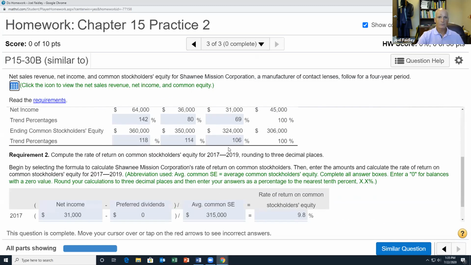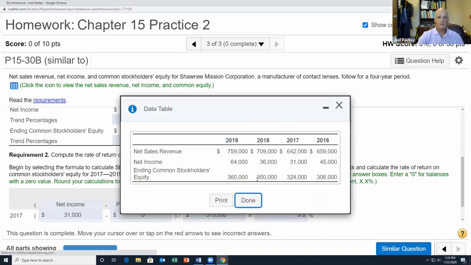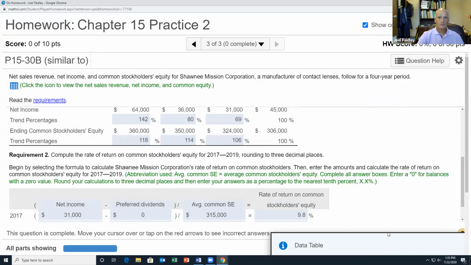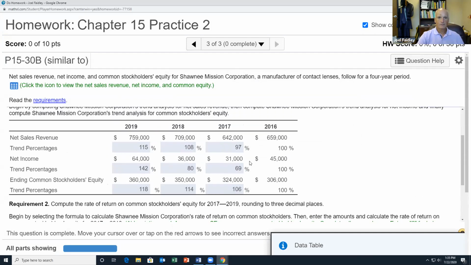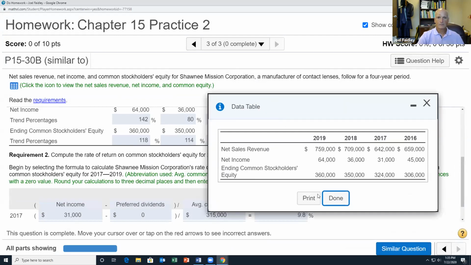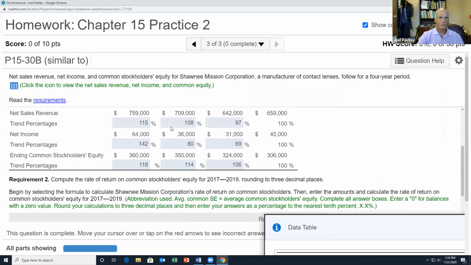There it is. So you got to use what they give you there along with what's in this table. So for 2017, I guess is the first one we're looking at. Yep. You need to take 324, that's the same numbers, 324, 350.